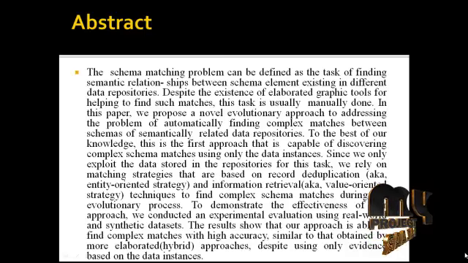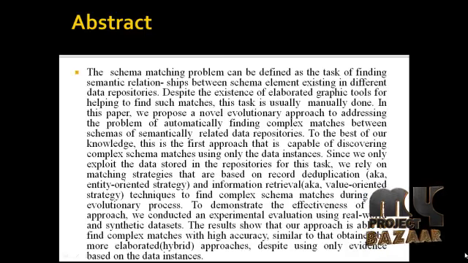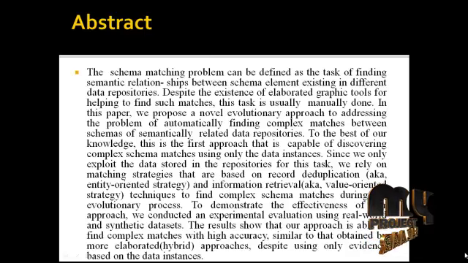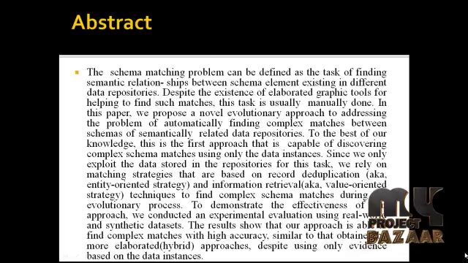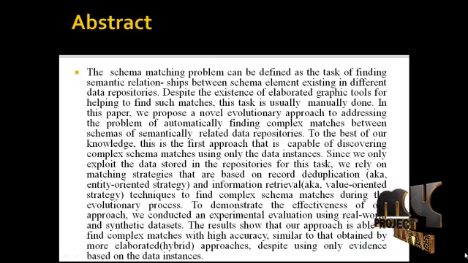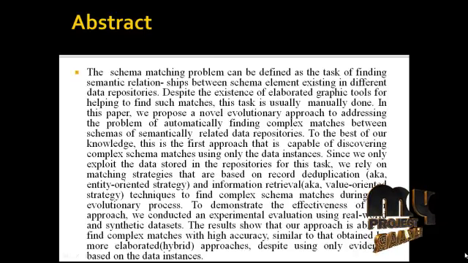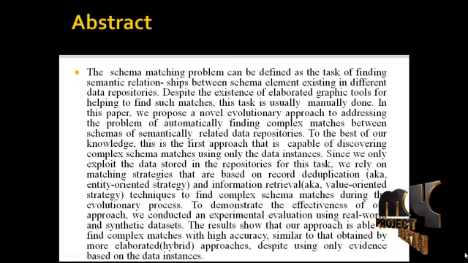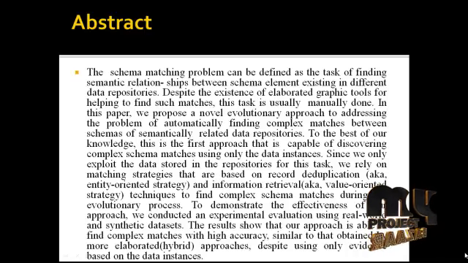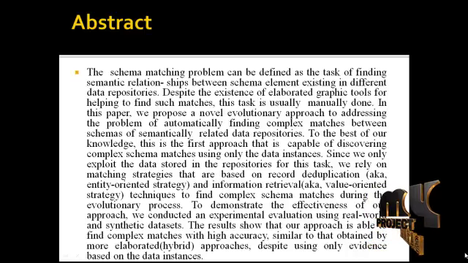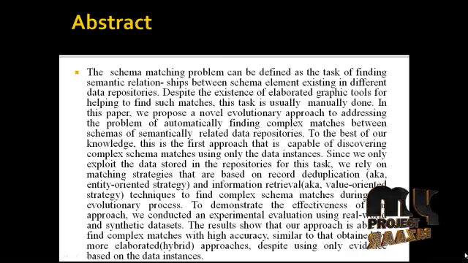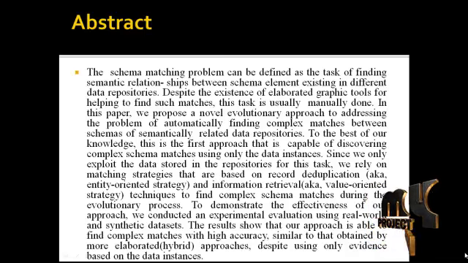To the best of our knowledge, this is the first approach that is capable of discovering complex schema matches using only the data instance. Since we only exploit the data stored in the repository for this task, we rely on matching strategies based on record deduplication and information retrieval techniques to find complex schema matches during the evolutionary process.